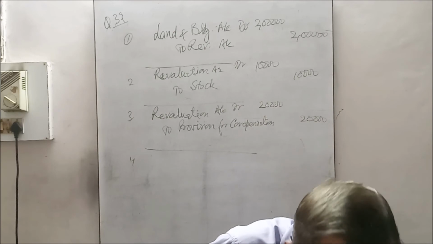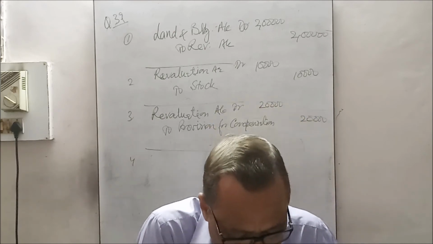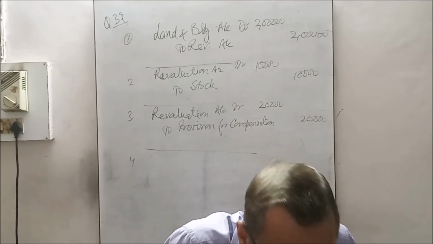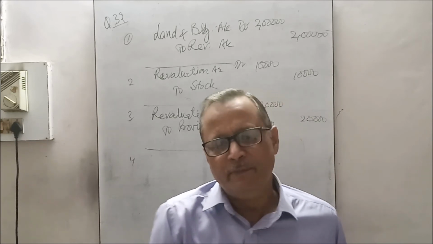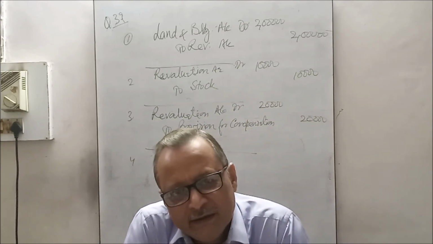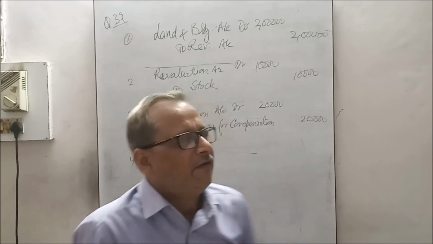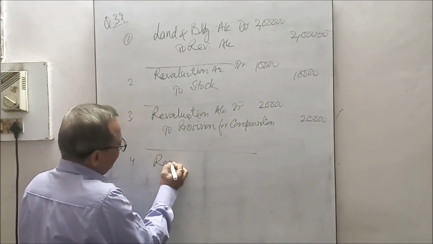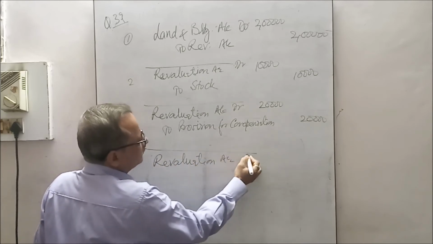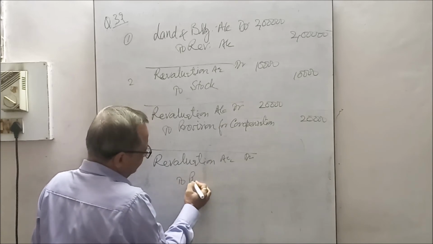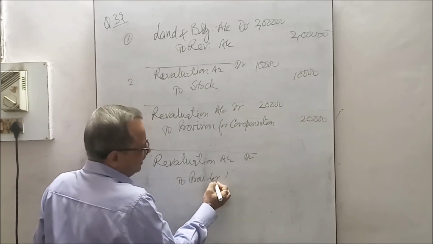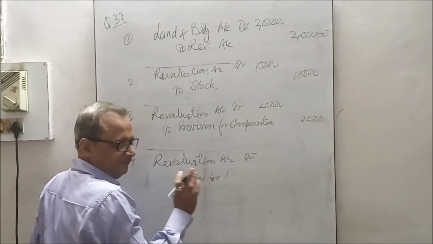Now next, sundry debtors appearing in the books are rupees 1,50,000. They are estimated to produce not more than 1,30,000. It means 20,000 will become bad. That is doubtful amount. So here we will pass the entry: revaluation account debit to provision, because it is estimated, it is in the future.